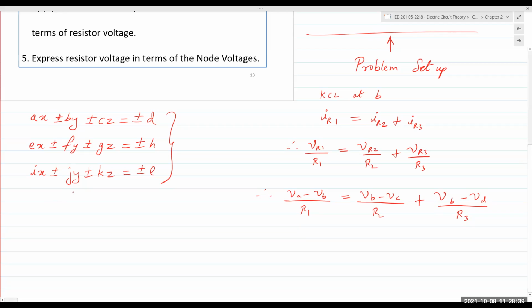Here, X, Y, and Z are your unknown variables. Basically, they are your node voltages.